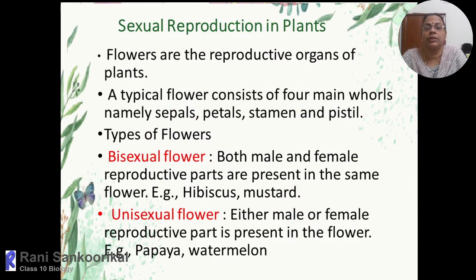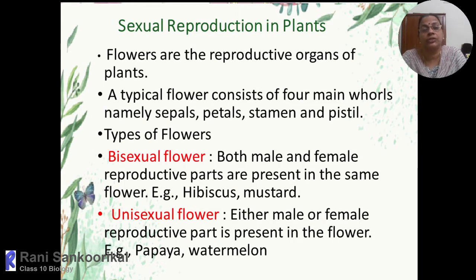Sexual reproduction in plants. We have already learned the different modes of asexual reproduction that take place in lower organisms, as well as the vegetative reproduction that takes place in plants. Here we are going to deal with sexual reproduction in plants.